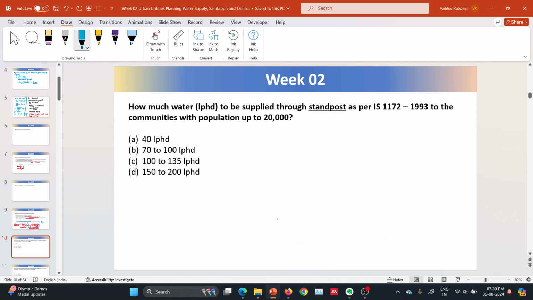How much water, liter per head per day, to be supplied through stand post as per IS 1172/1993 to the communities with population up to 20,000? Stand posts are actually provided in the locality where less population is there.